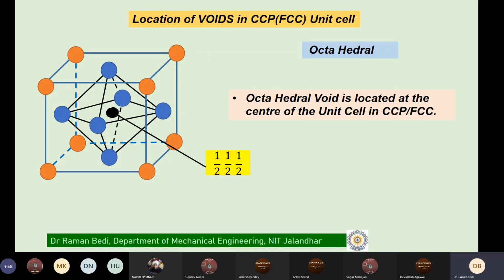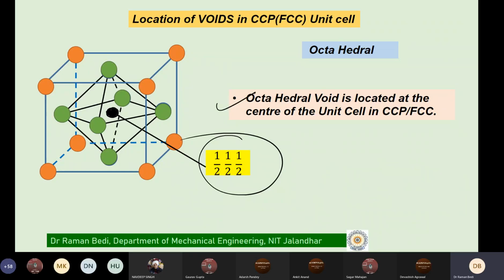But geometrically, I can see here that the coordinates of this octahedral void, which is at the center of the unit cell, happen to be half, half, half. So this is the first location where these voids are located. And this is what looks like an octahedron to us now.